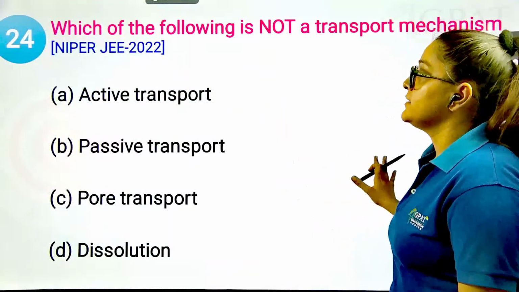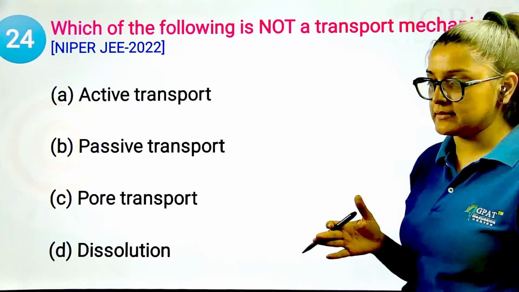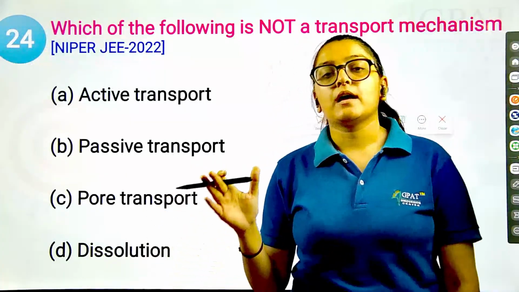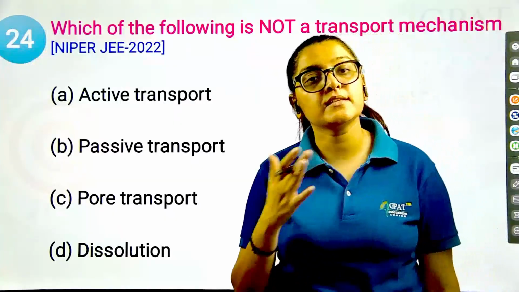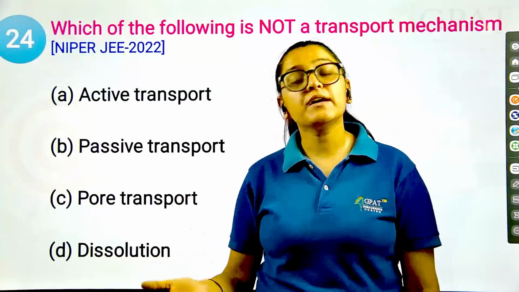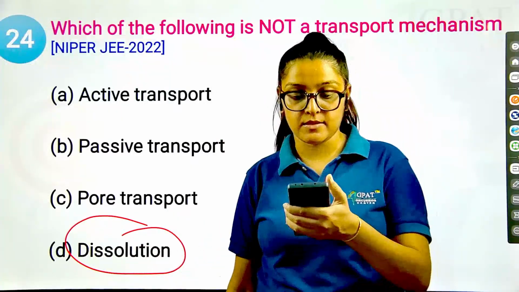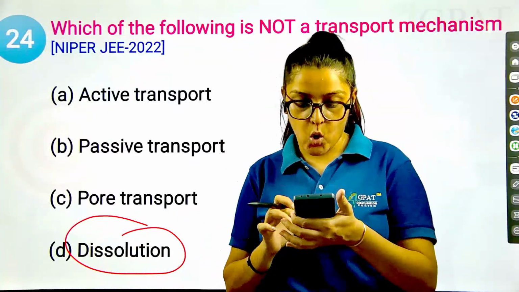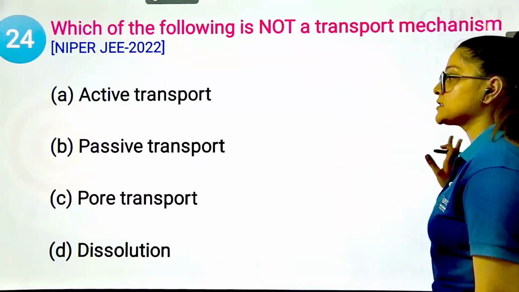Okay. Next, which is not a transport mechanism? Paracellular transport, transcellular, and we have known vesicular transport as well, whereas dissolution is mentioned as a transportation mechanism, right? So this is wrong here. We do not include dissolution as a transport mechanism.